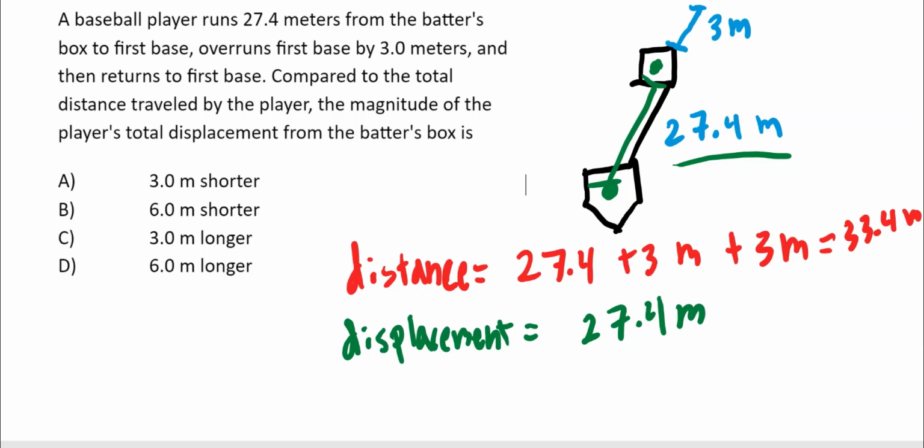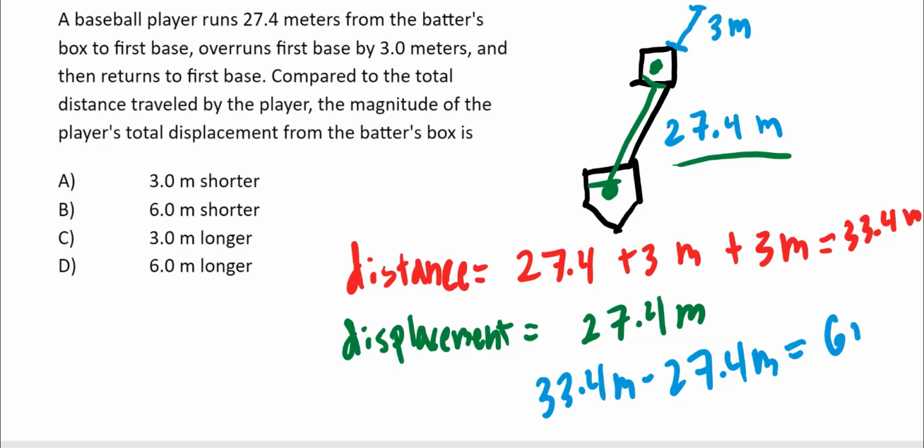So we're comparing distance to displacement. If you were to subtract the two numbers, we would know there is a difference of 6 meters. So the displacement is 6 meters shorter than the distance. So it would be choice B.